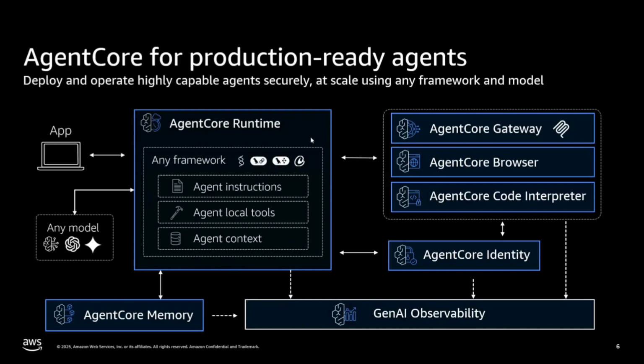The other concepts around gateway, browser, code interpreter, identity, and memory are tightly coupled, but each will bring its own merit in managing your end-to-end agentic pipeline efficiently. The idea behind AgentCore is to get you to develop production-ready agents at any scale using any framework and any model. We want to give you the full flexibility of doing it.